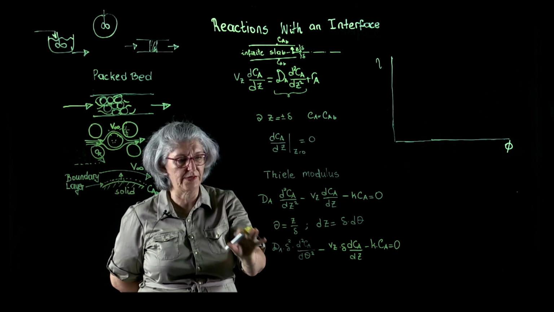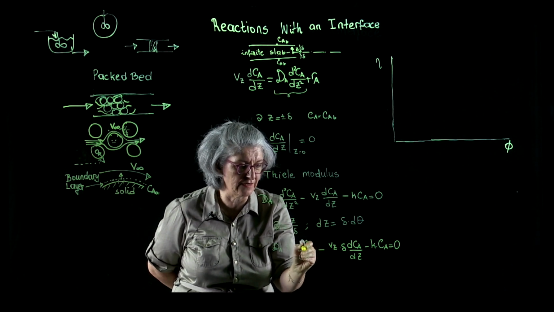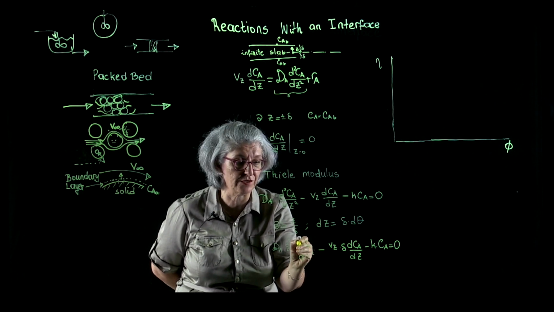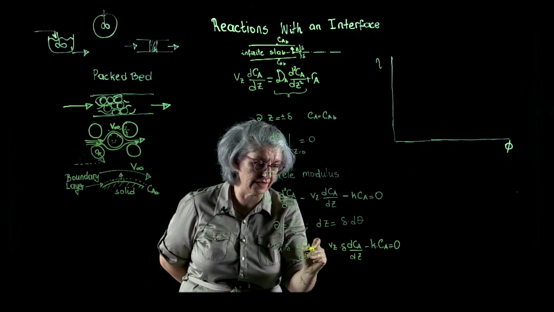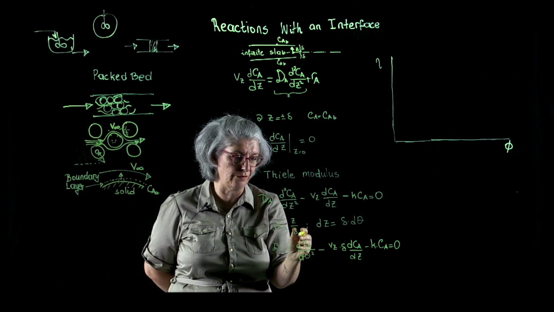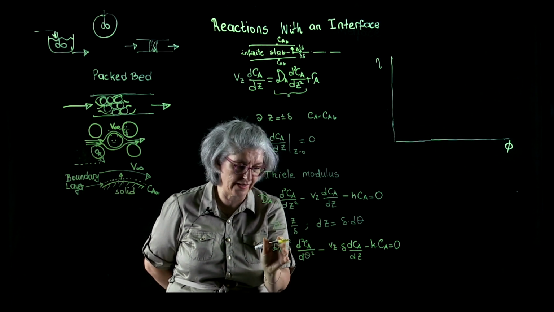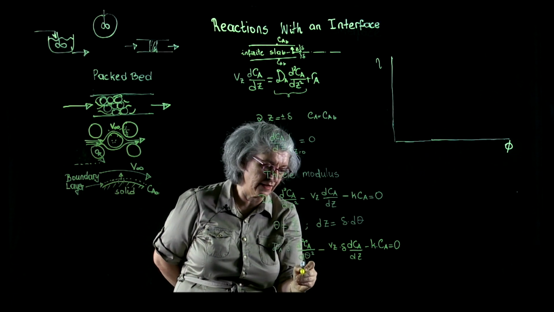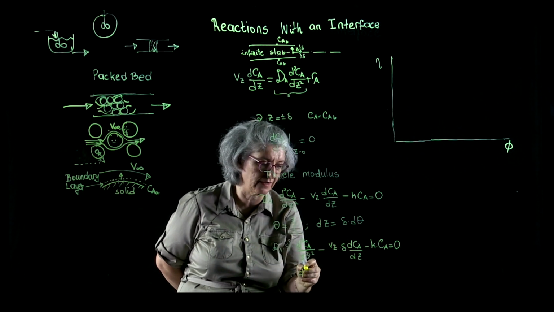I'm not going to play with making Ca dimensionless. It's going to be more convenient if you have your Ca dimensionless, but let's not deal with it right now. Let us have our first term remain independent of any multipliers. In order to do that, we're going to divide the whole equation by dA over delta square.